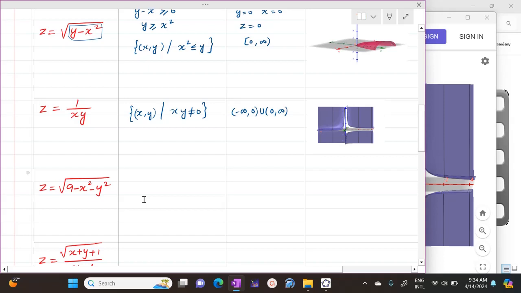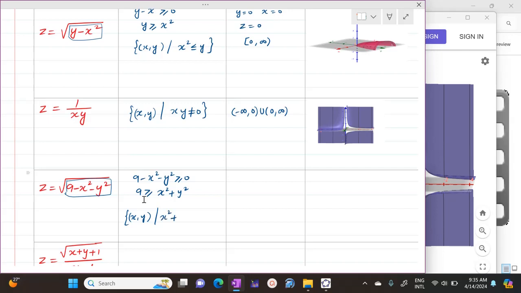Now the next one, z equals the square root of 9 minus x squared minus y squared. This must be more than or equal to 0. Therefore, 9 is more than or equal to x squared plus y squared. So the domain is given by x comma y such that x squared plus y squared is less than or equal to 9.